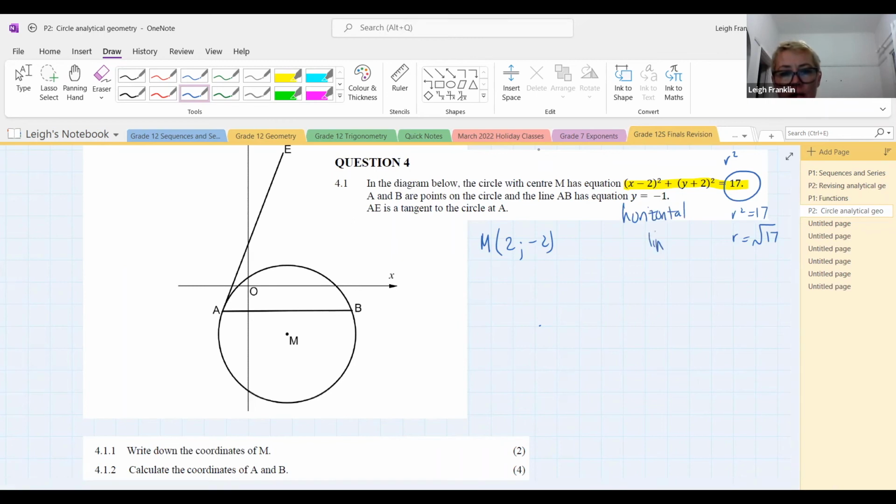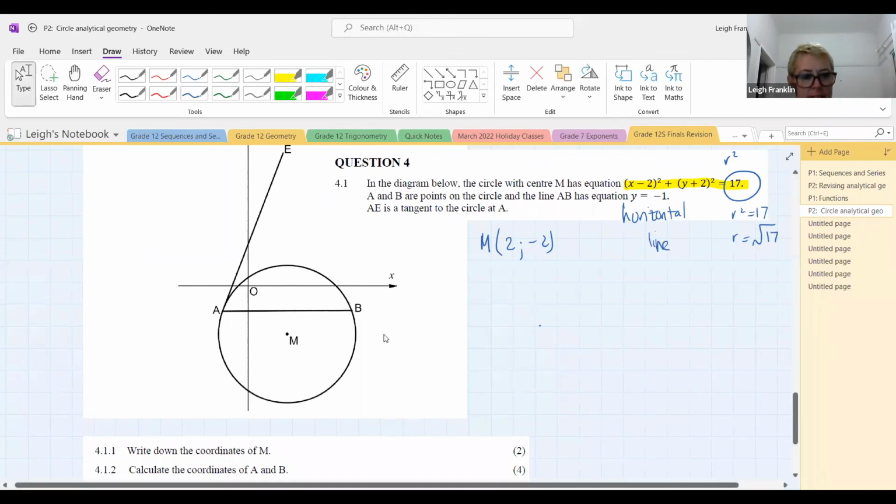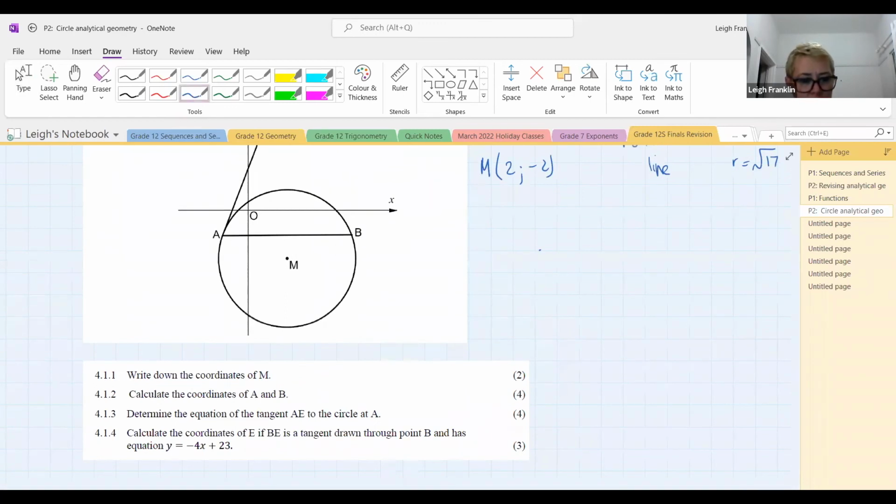All lines that start with y equals and then just a constant are going to be horizontal. So in M, we've calculated that the coordinates were 2 and -2 at the center. Now they want us to calculate the coordinates of A and B.